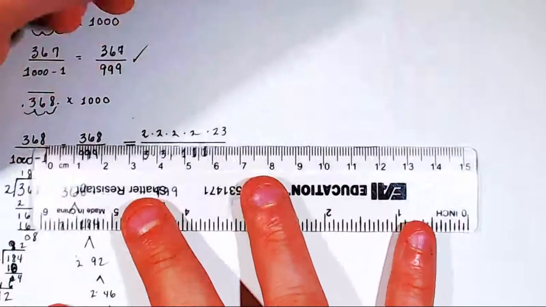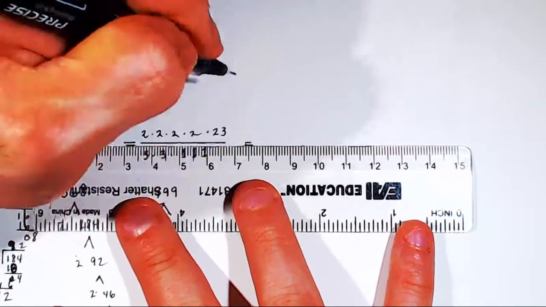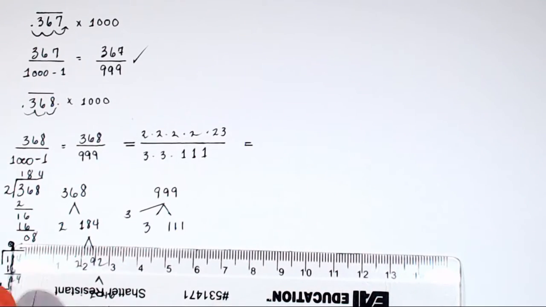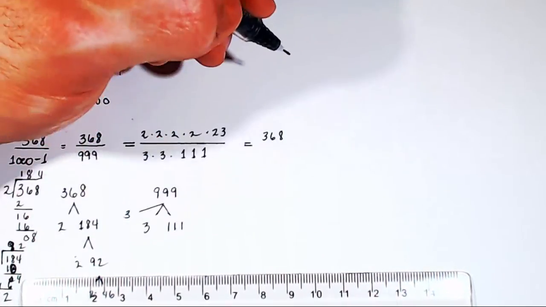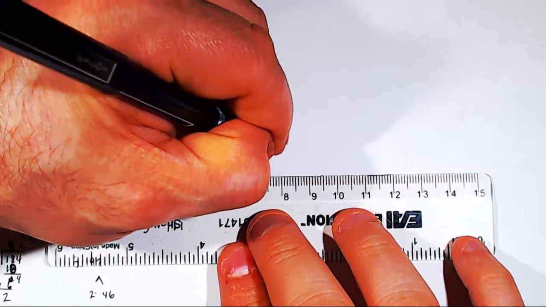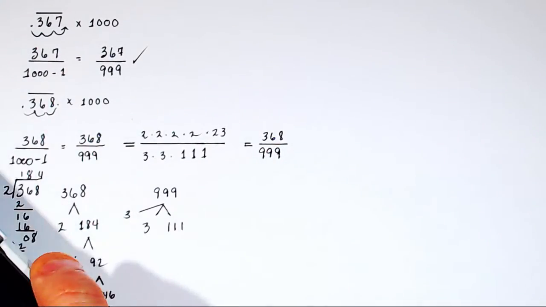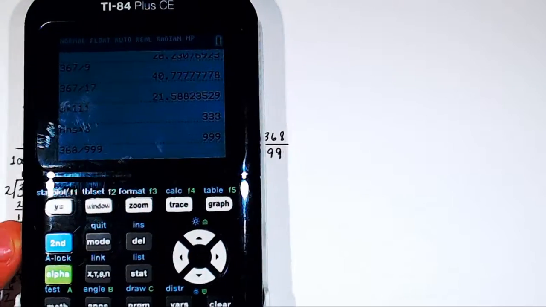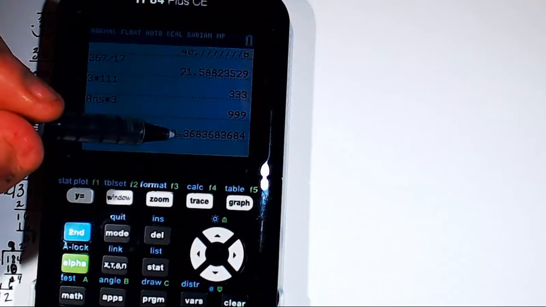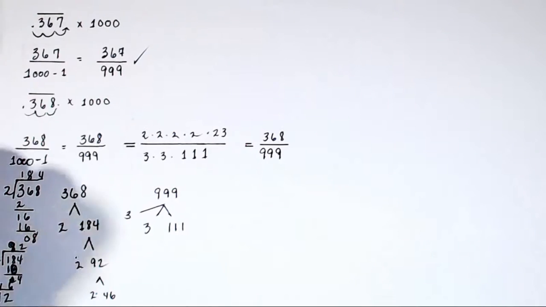Okay, so this appears to be simplified as 368 by 999. Let's see if that's what it is. 0.368. Okay, so let's find another one. Hopefully we'll find one that works out to be something a little bit different than that number over 999.